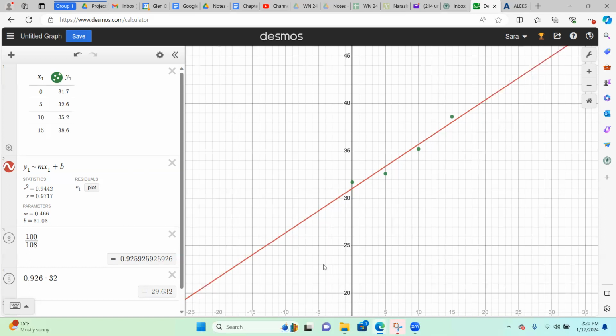So let's go ahead and write this on our letter B. We're going to call it y equals, and then my slope is 0.466x plus my y-intercept of 31.03.